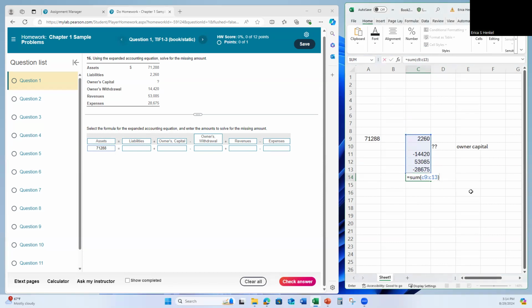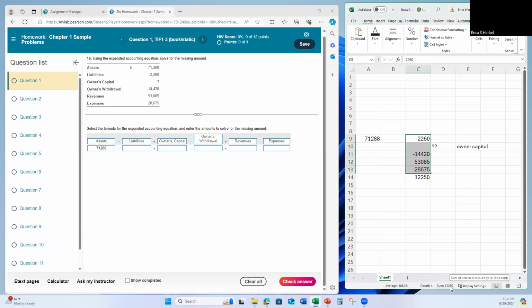So this will sum all of these up, and it's going to treat them as a positive number if I don't have a negative in front of it. If it has a negative, it will subtract it, right? So the total then, and I can also do this, by the way, by highlighting these, it will give me some summary statistics.